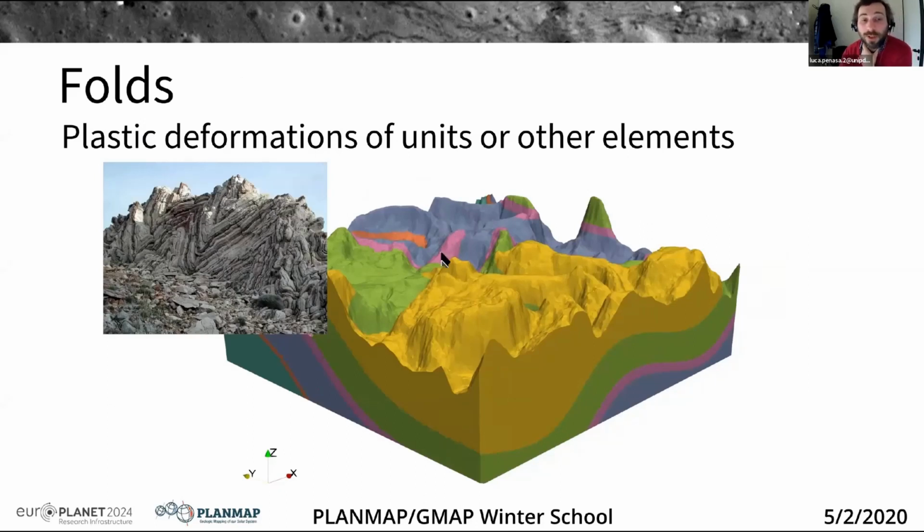So if you have folds, they will help you in understanding the geological history of the body you are studying. So giving them a nice three-dimensional representation will give you a lot of information about the orientation of the stress field the body has been subjected to.